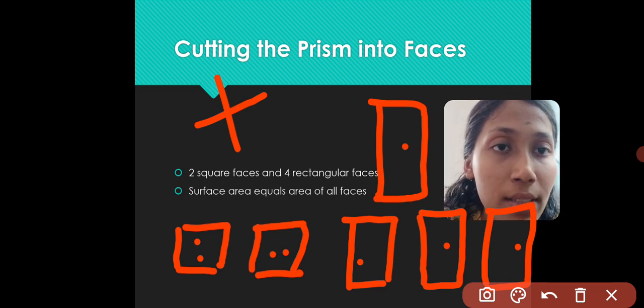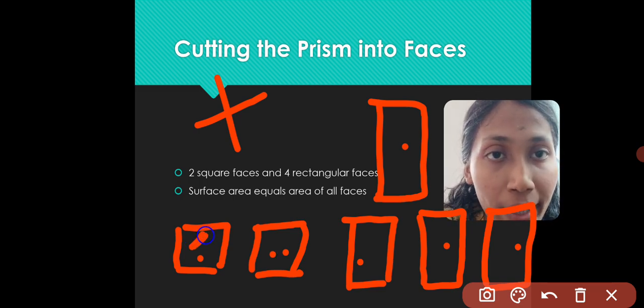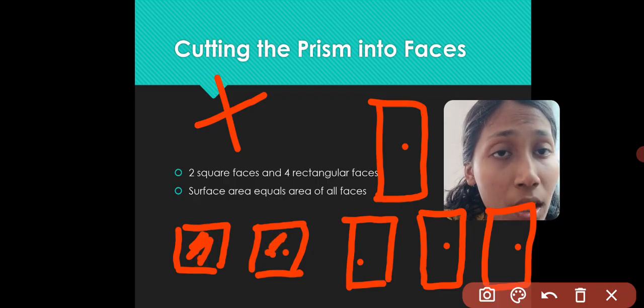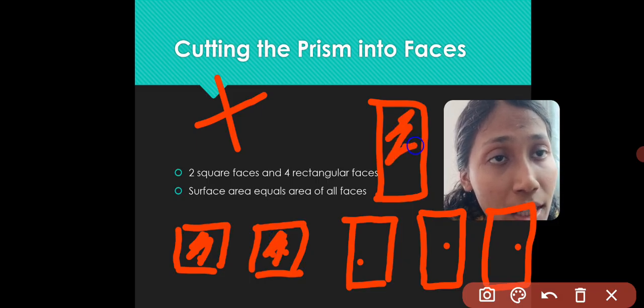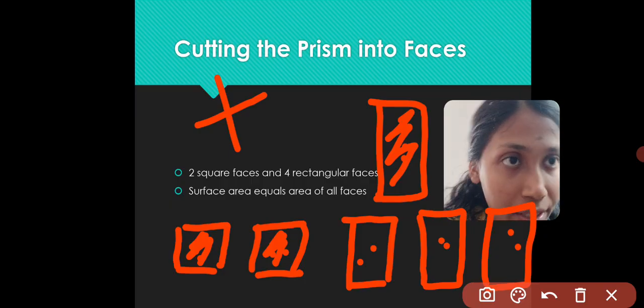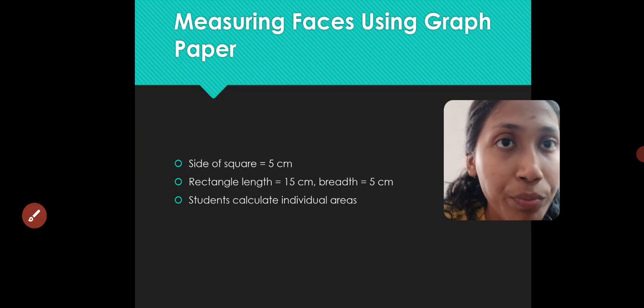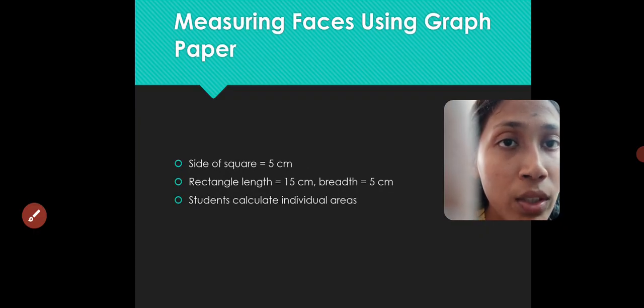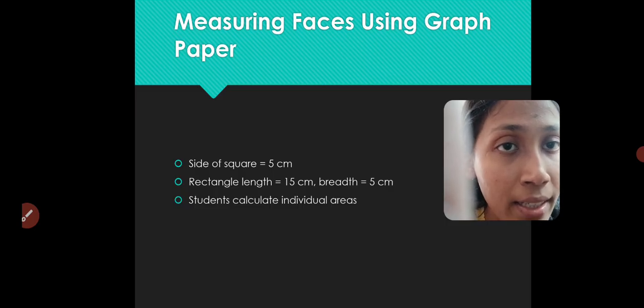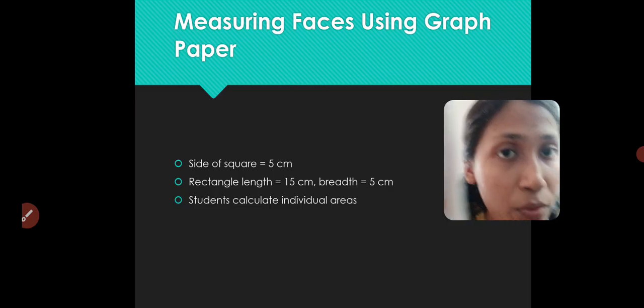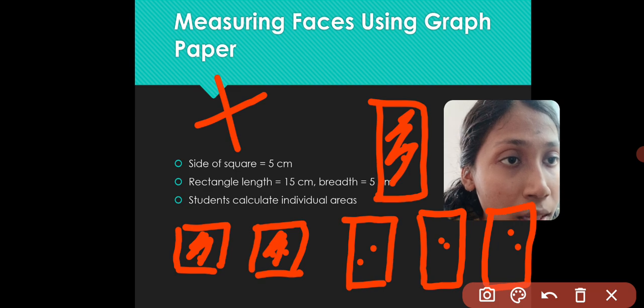These 2 squares are identical, so the area of this square will be equal to the area of this square, and the area of this rectangle will be equal to the area of these 3 rectangles. So that's what I'm going to do. The side of the square is 5.